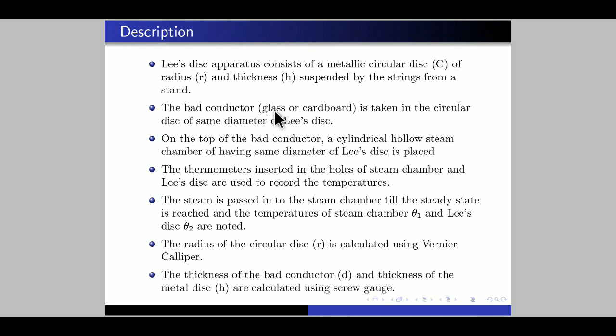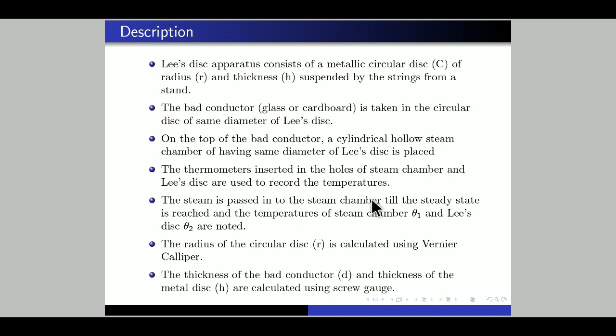The bad conductor is taken in a circular disc of the same diameter as the Lee's disc. On the top of the bad conductor, a cylindrical hollow steam chamber having the same diameter as the Lee's disc is placed. Thermometers inserted in the holes of the steam chamber and the Lee's disc are used to record the temperatures.